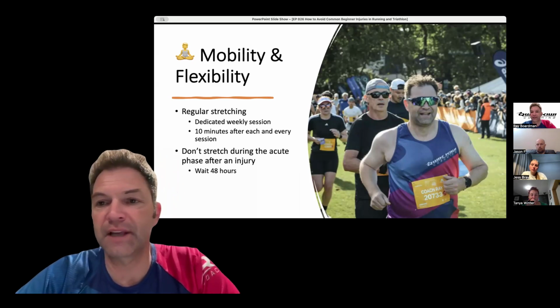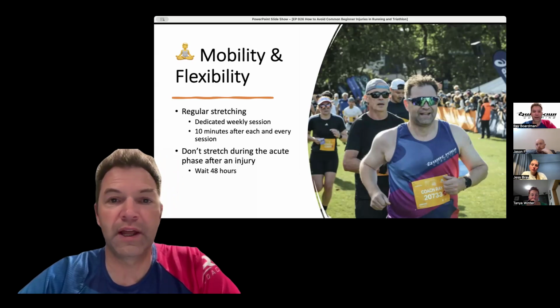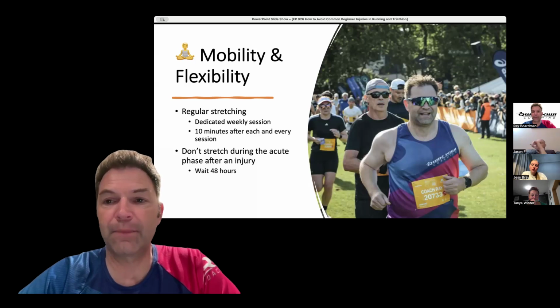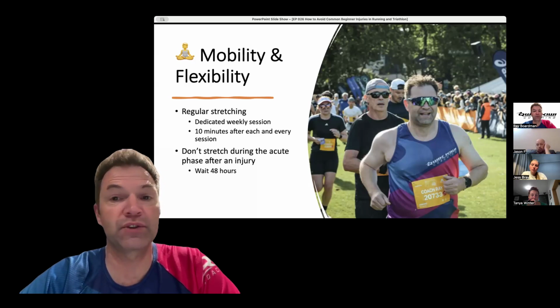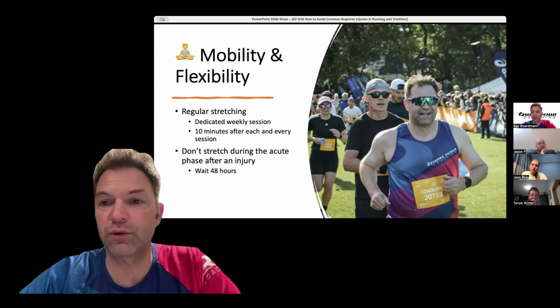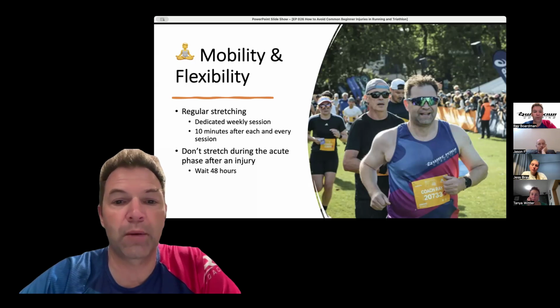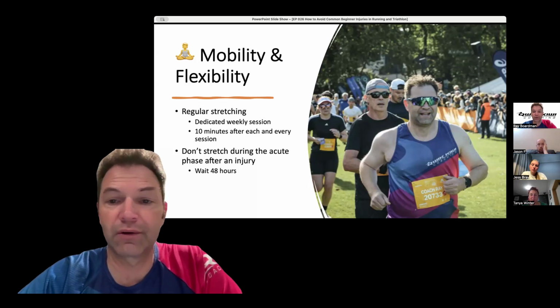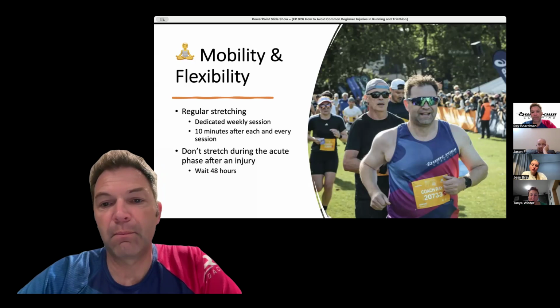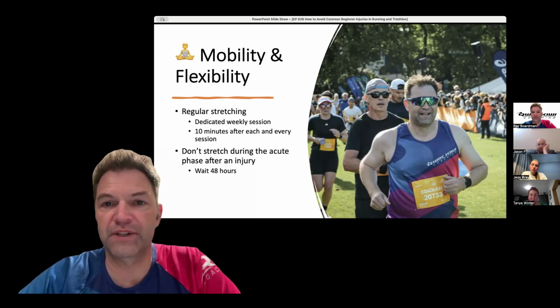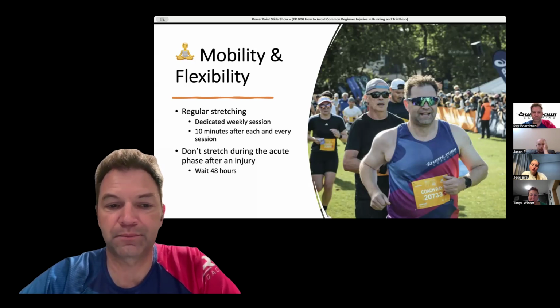Now, the stretching can be something structured like a yoga session, whether in person or online, or it can be something a little bit less structured, and you just spend 30 minutes focusing on stretching any particular muscles that are tight from the training you've done during that week, or if you've done some manual labor, cutting some firewood, or you're a farmer and spend a lot of time working out in the field, then putting the focus on stretching the muscle groups that are tight is very important.